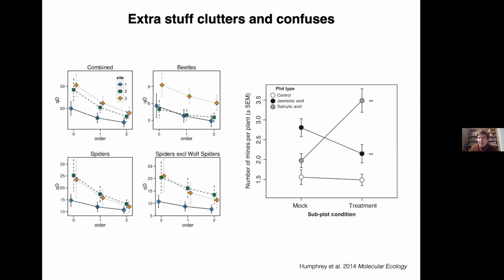Whereas this is a different paper, but here's a more simplified version of very similar types of data, where we've got the control and we've got 2 treatments. The lines are the same, the error bars are the same. All we're really doing to indicate differences in treatments or plot type is the color.